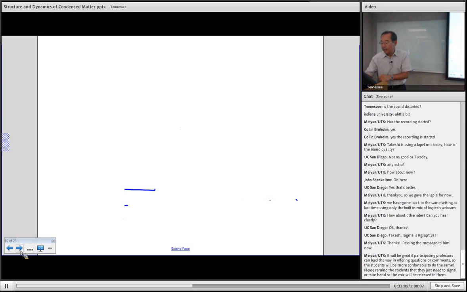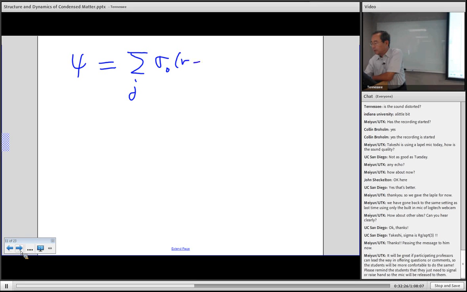That means again the intensity, therefore, is the sum over j of the integral of rho 0 of r minus rj times e to the iq dot r. rj again is an equilibrium position.